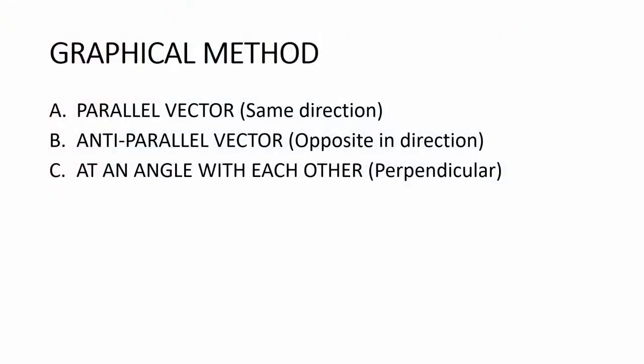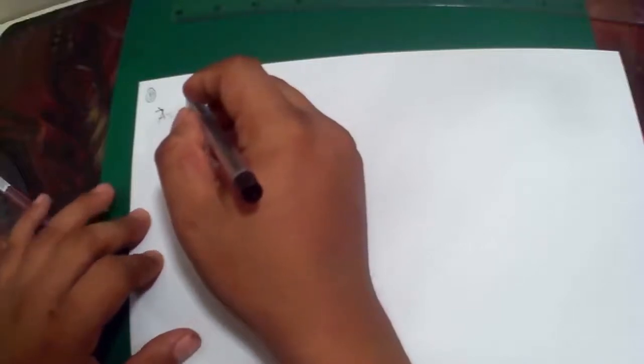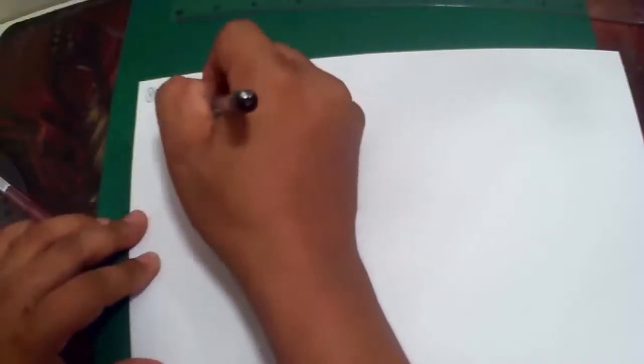Now let's go back to our PowerPoint presentation, and we will proceed to case letter B, anti-parallel or opposite direction. For example, we have vector A here, which is 10 newtons, due, let us say, due east.